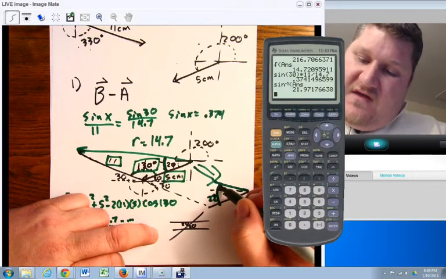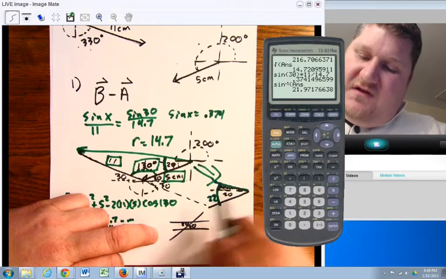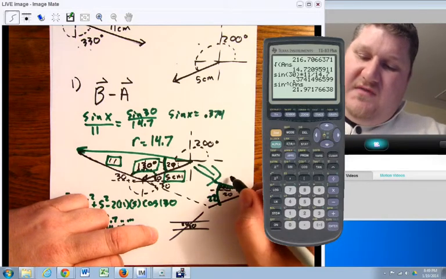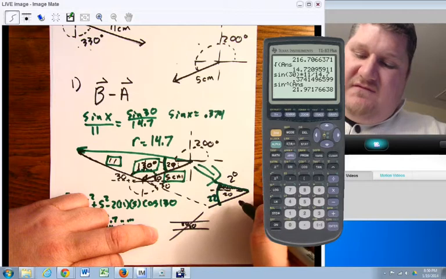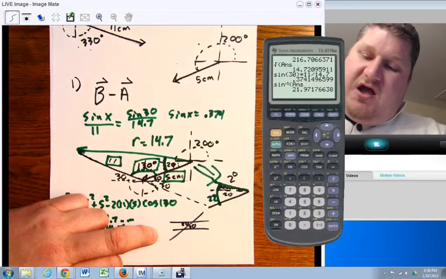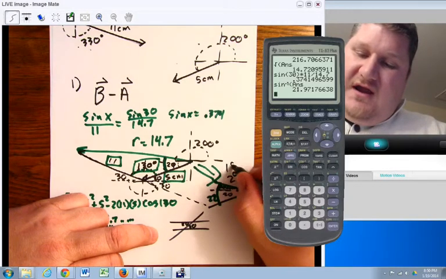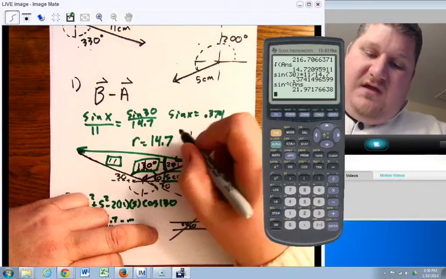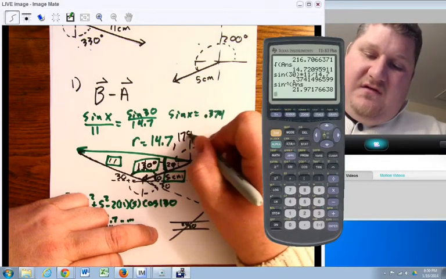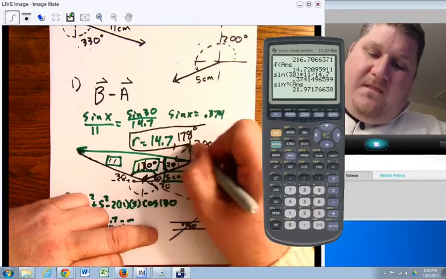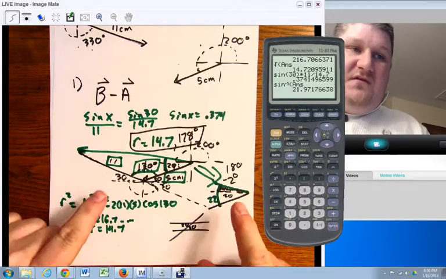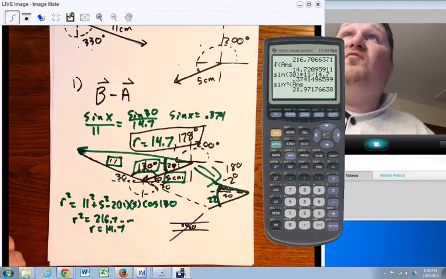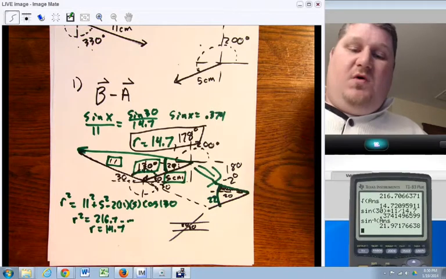So this part right here is the difference between the 22 and the 20. That means 2 degrees shy of 180, so 180 minus 2 is 178. So we have 14.7 at 178 degrees.